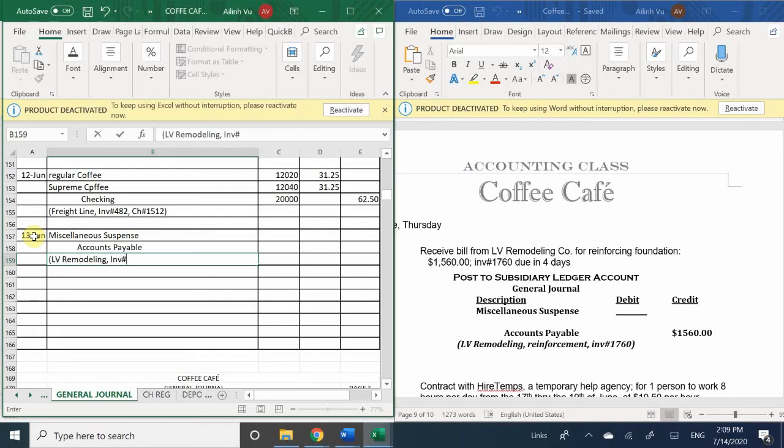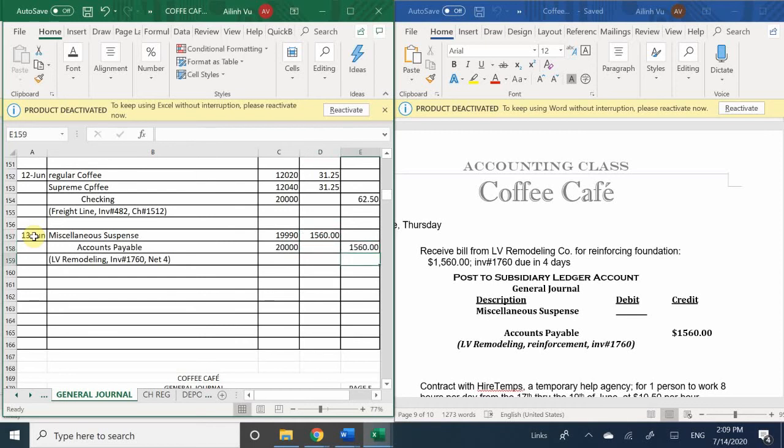Invoice number, was it 1760, comma, net 4, since it's due in 4 days, and I'm going to go ahead and close my parentheses. My account should be 1990 and 20,000. All right. And it was for 1560.